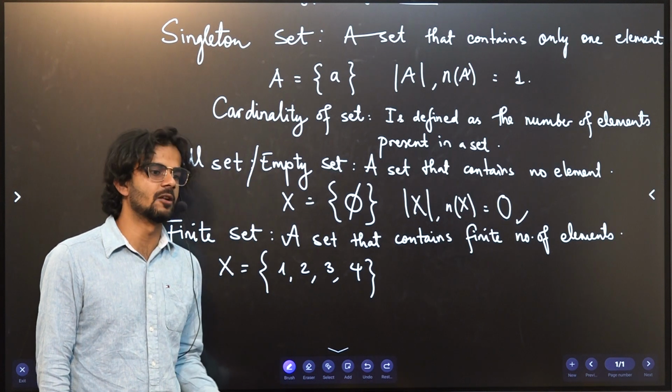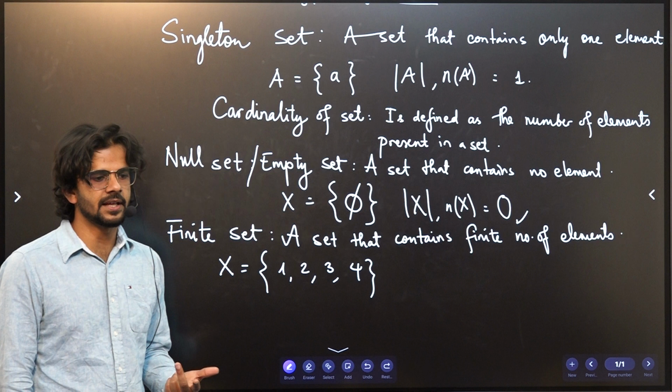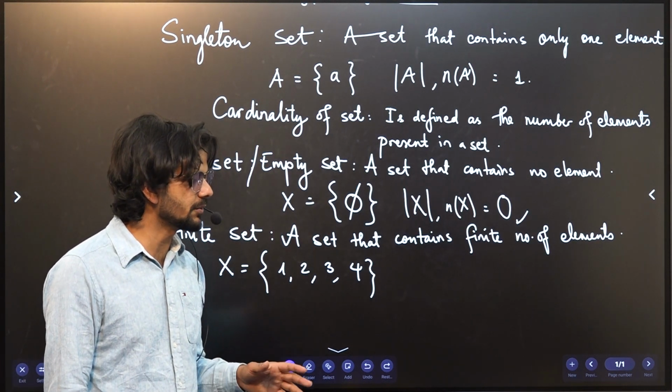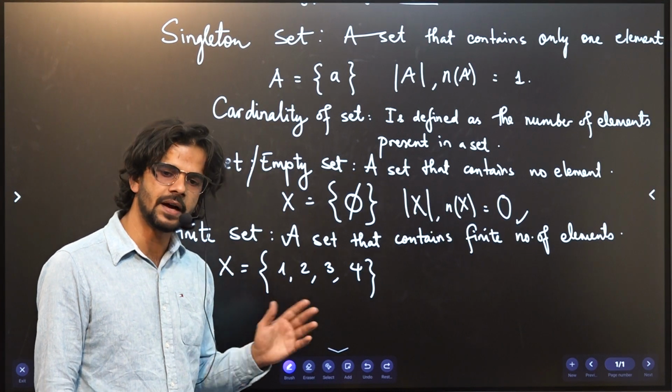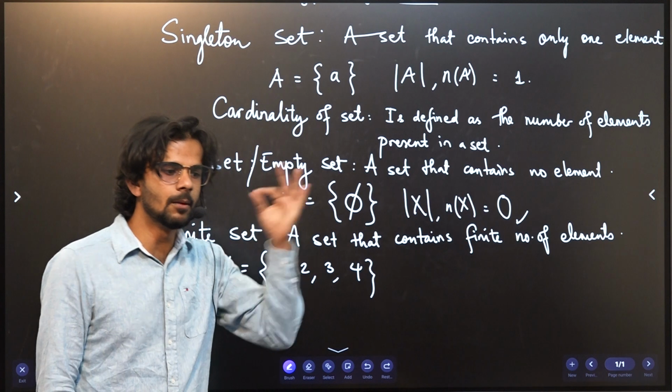Of course you can count, Baba. Finite is not that you can count. There's a big difference between being able to count and being finite. How many elements are there?